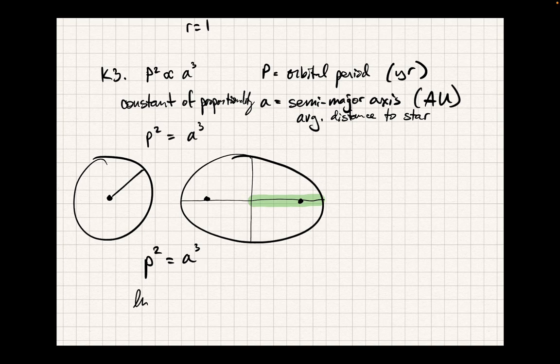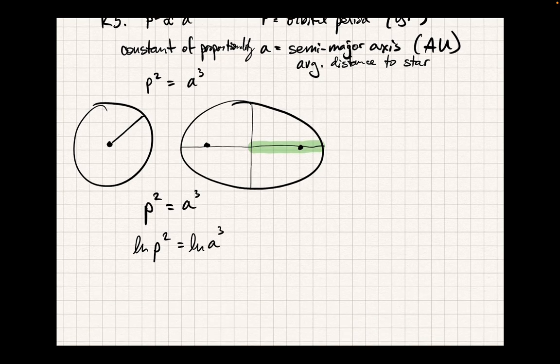I could use log base 10 if I wanted. ln of p squared equals ln of a cubed. Now you're going to use the power property. I just move them both to the front, so it's 2 ln p equals 3 ln a.